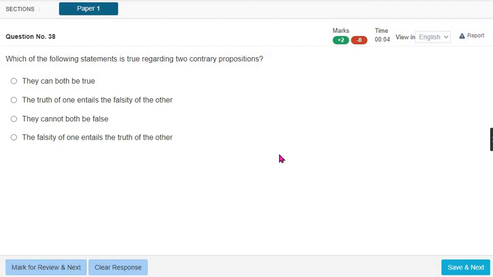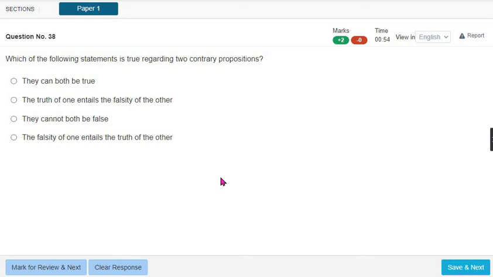Question 50. Which of the following statements is true regarding two contrary propositions?